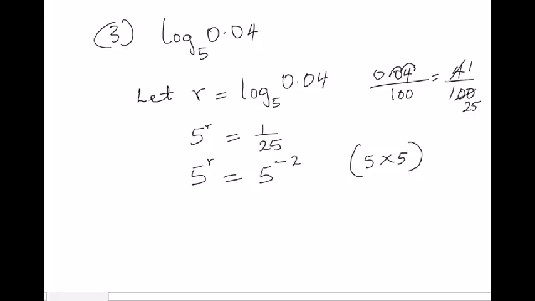The 1 over will change to a minus sign in the index. So you equate the indices since we have the same base. So R will be equal to minus 2, and that's the answer. Minus 2 is the answer.